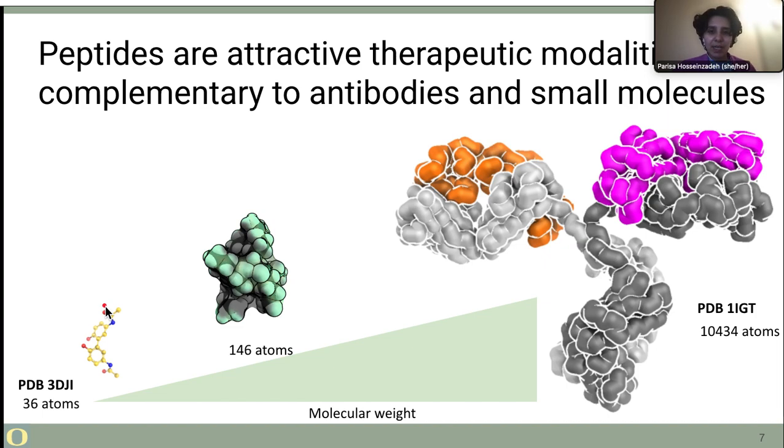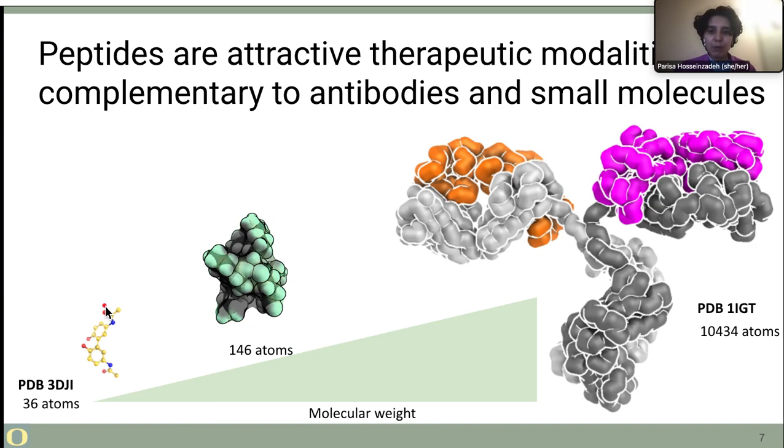And I would say that peptides are attractive therapeutics that are complementary to small molecules and antibodies. In contrast to antibodies, they can be cell permeable. They have the ability to be made out of non-canonical amino acids, and they're also made by solid phase synthesis, which is more robust than synthesizing it with a cell.